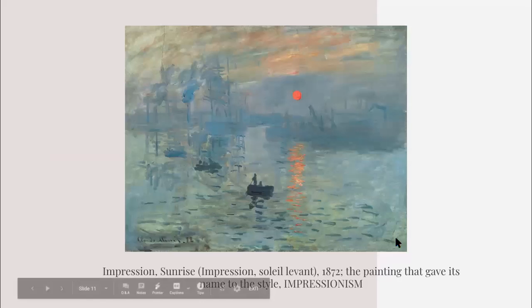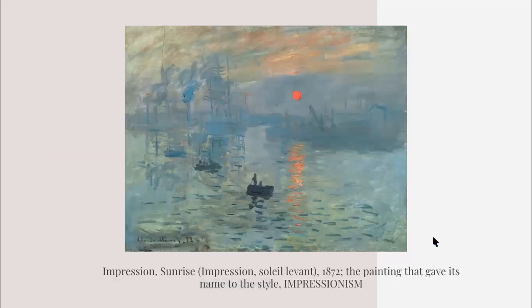Here we have a painting that is very well known, and it is basically a painting of a sunrise. The painting very much emphasizes lightness. There's a lot of light color use here, so light pastels.